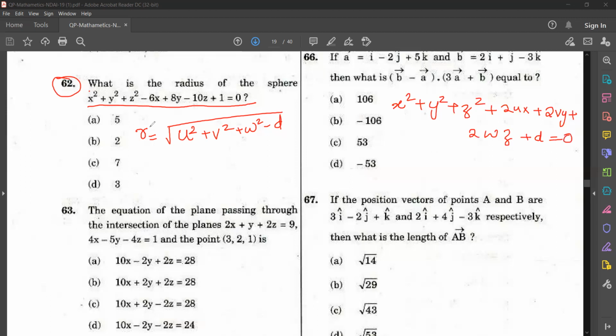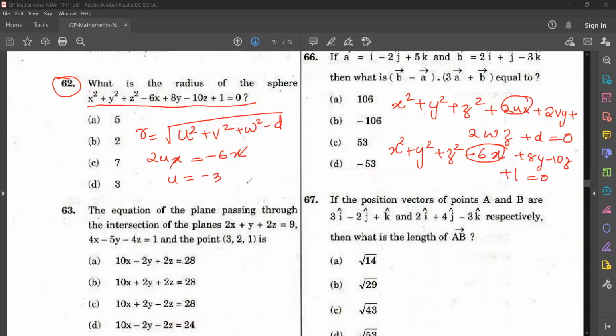So on comparing with the given equation x square plus y square plus z square minus 6x plus 8y minus 10z plus 1 equal to 0: in the place of 2ux, you have here minus 6x. So 2ux is equal to minus 6x, so u is equal to minus 3.